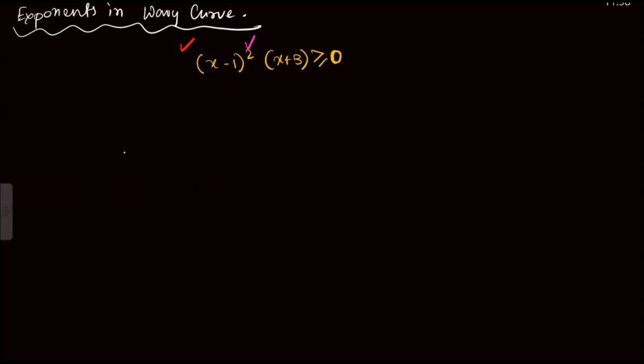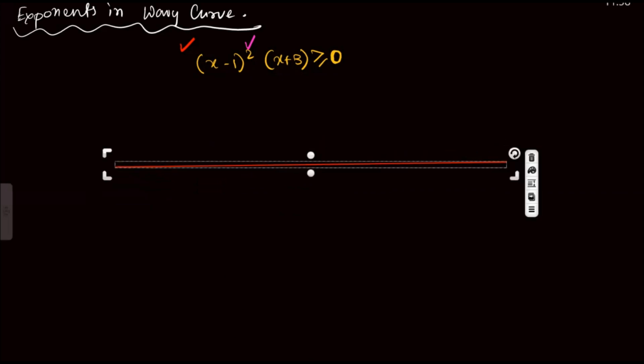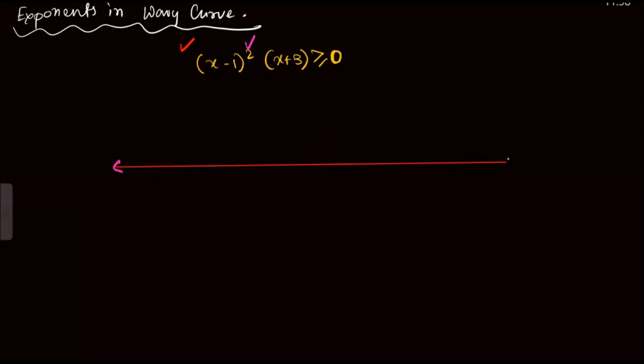How do we do this type of problem? First, we take our pretty number line. It's good, better, best. We draw the 2 points, then put the values -3 and 1. How did you get the values? Just equating them to 0.